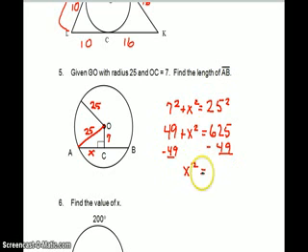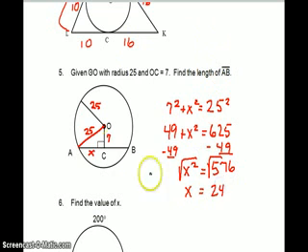X squared equals 576. Square root of that. X equals 24. And AB is twice that, so AB equals 48. And that's our answer.